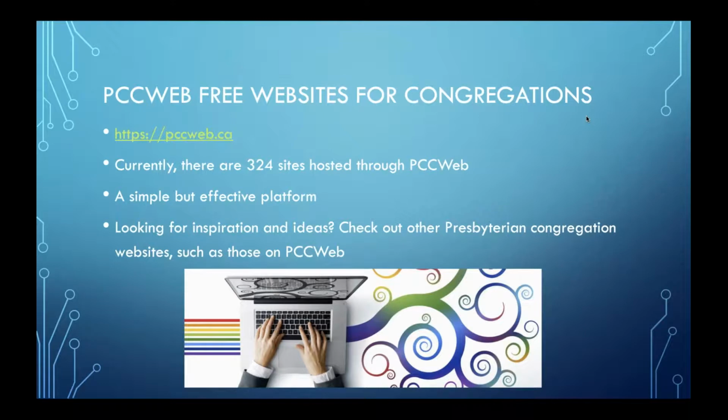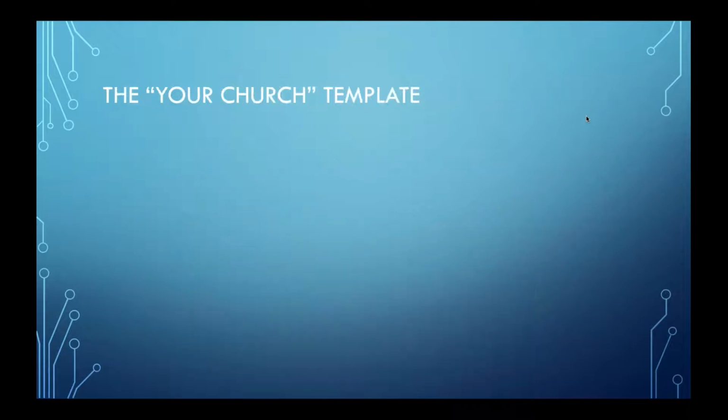And we're going to get into that in just a minute, because I'm going to show you the Your Church template. This is a template that the communications office built to try to help congregations that are looking for what to populate their site with. When I do a lot of work with congregations on a one-to-one level in particular, sometimes there are a lot of questions about, well, we don't know, what type of page should we have?